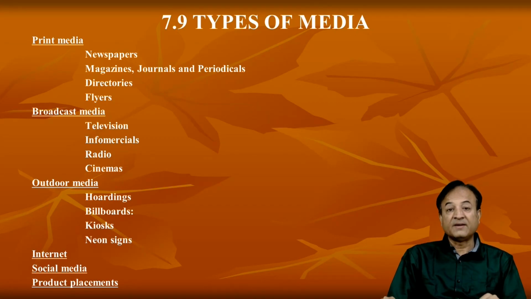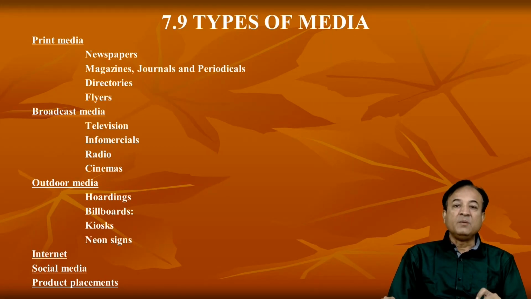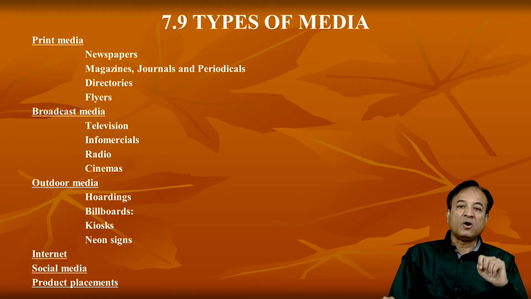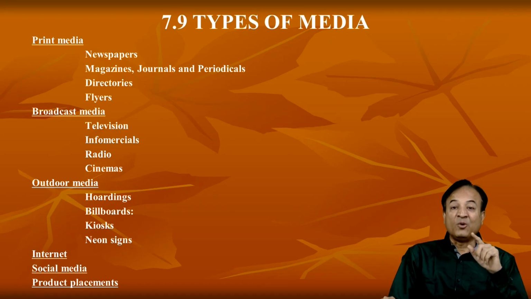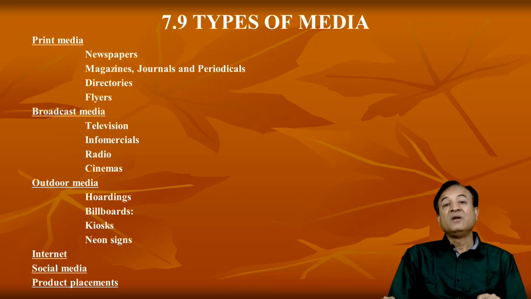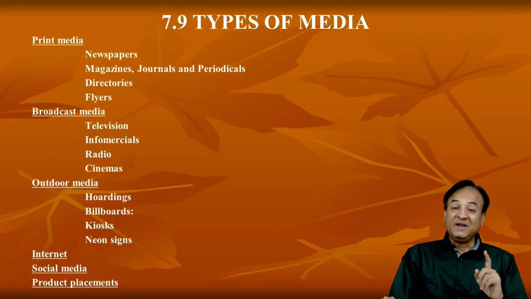Third, directories. Usually directories are a collection of names and addresses. One of the most common forms of a directory in India is a directory printed by the telecom department containing the phone numbers and addresses of the people who have telephone connection of BSNL.